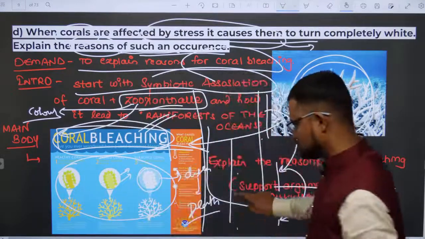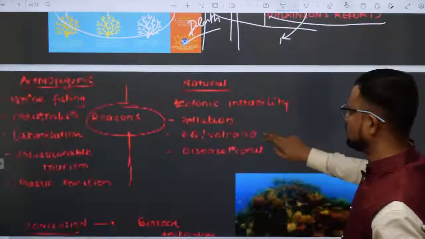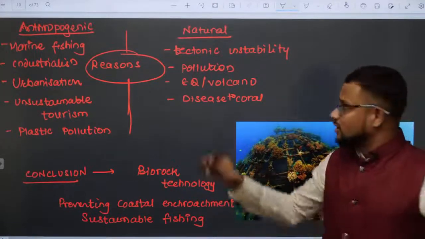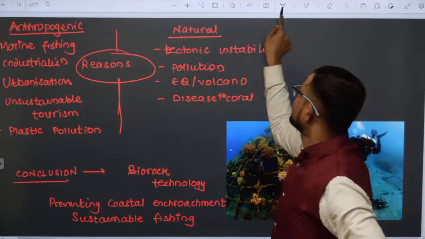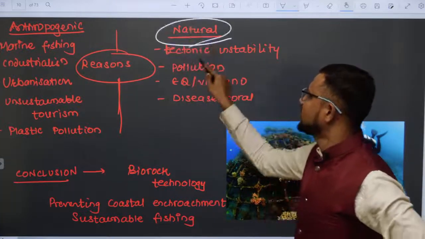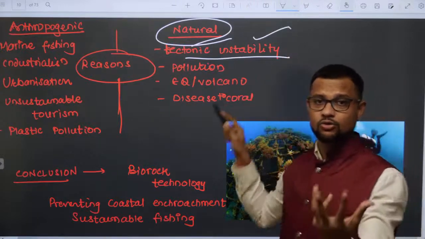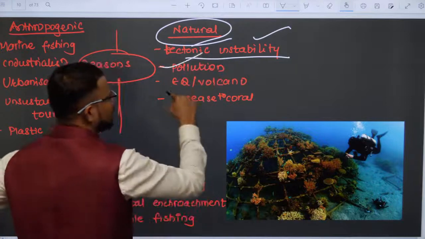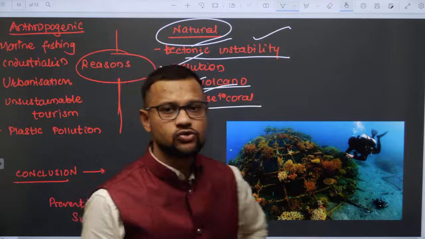So what you can write are the causes: natural causes and artificial causes. Natural and anthropogenic. Natural: tectonic instability, due to which the coral's location, its platform, is getting disturbed; then earthquakes and volcanoes, and disasters to corals, right?